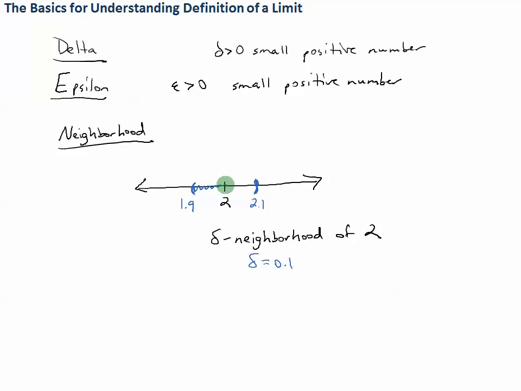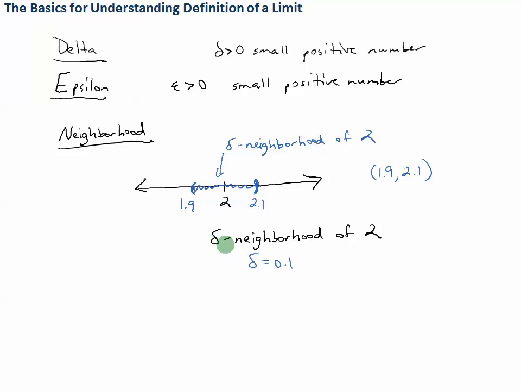Every number in this interval is in the delta neighborhood of 2. In other words, it is the interval 1.9 to 2.1. You could also call this an epsilon neighborhood maybe.